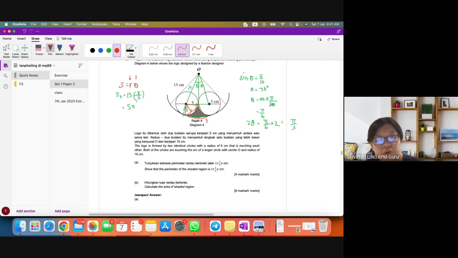Am I right? So now we have to think of a way how to solve for this theta. I have this 5. I have this 5. Now I have this included angle. Okay, when we used to solve this one, right, we have the 5 here. This one, we don't have any idea, right?